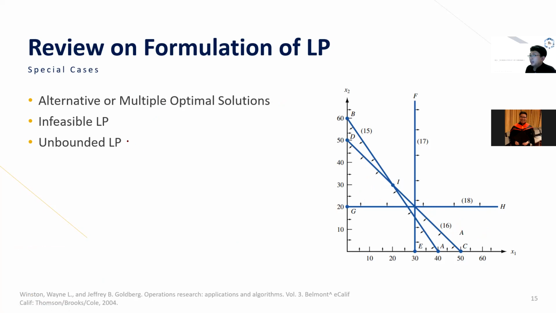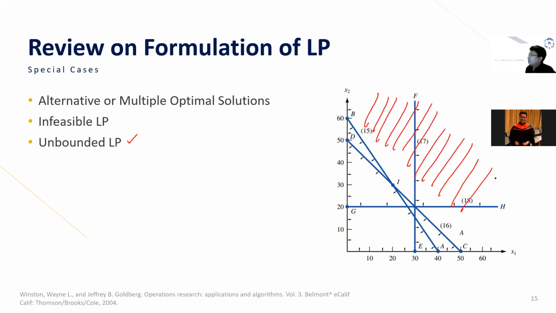Another thing is unbounded LP. Unbounded means that the decision variables are allowed to have values that make the objective close to infinity.